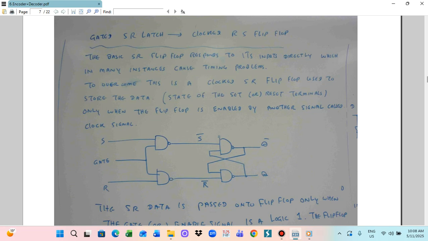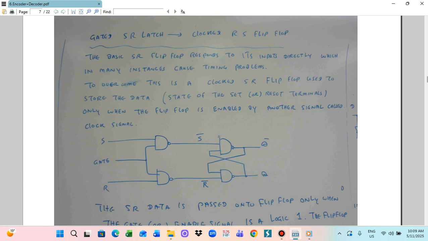The basic SR flip-flop responds to the input directly, which in many instances causes timing problems. To overcome this, a clocked SR flip-flop is used to store the state of the set or reset terminal. So the situation at the set or reset terminal needs to be memorized. So we have to utilize this connection. So this is the gated SR latch connection.